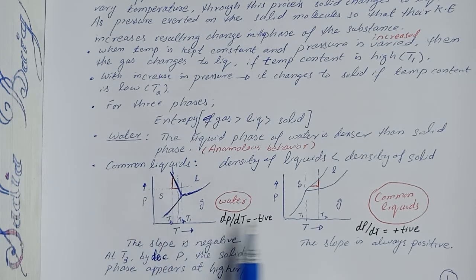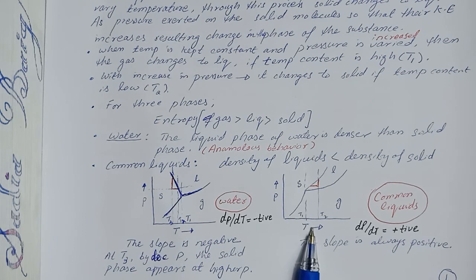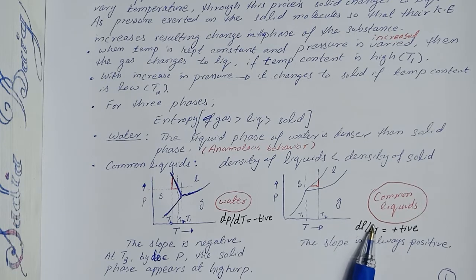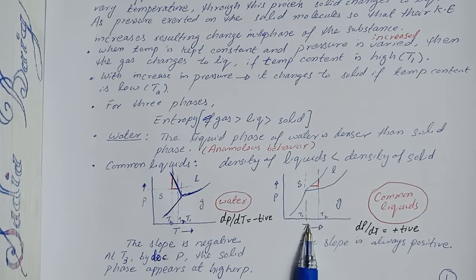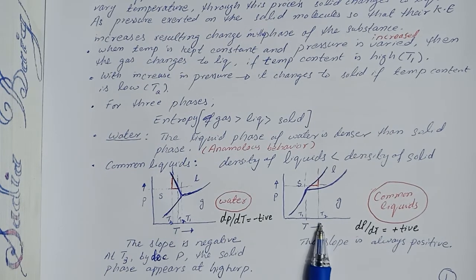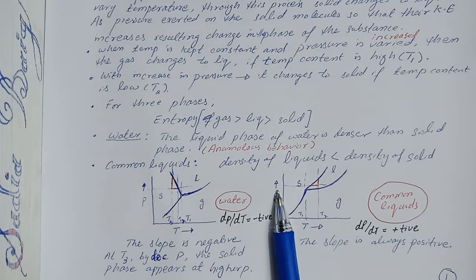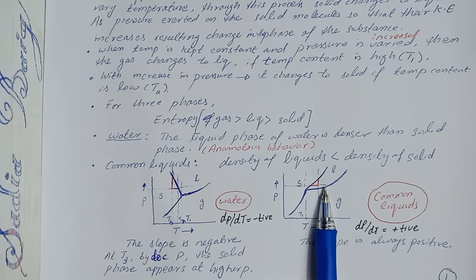Whereas for the example of the phase diagram that is applicable to all common liquids, when we are moving from lower temperature to higher temperature at constant pressure, we are moving from solid to liquid phase.